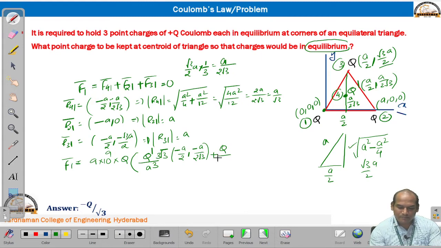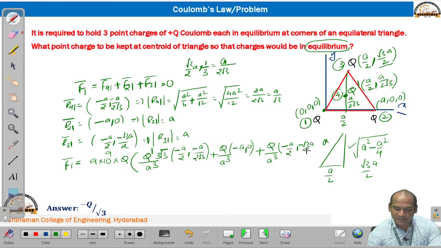Next, by magnitude of R21 is a, so a cube directly we get, and the distance vector is minus a comma 0. Next, third force. In the third force again the source charge is q only, and distance is a, so that is a cube, and then the vector is minus a by 2 comma minus root 3 a by 2, this is the thing.